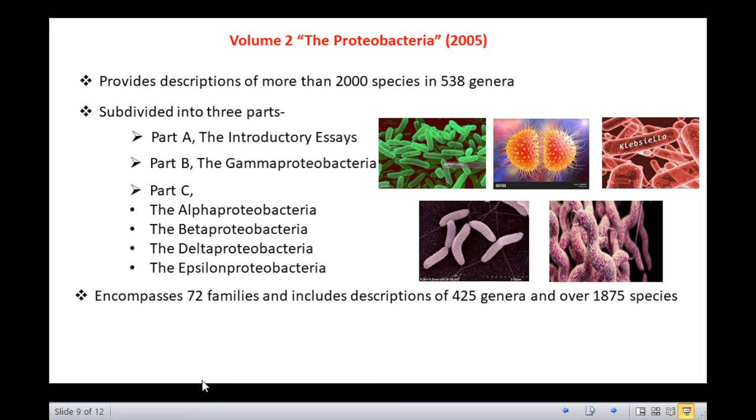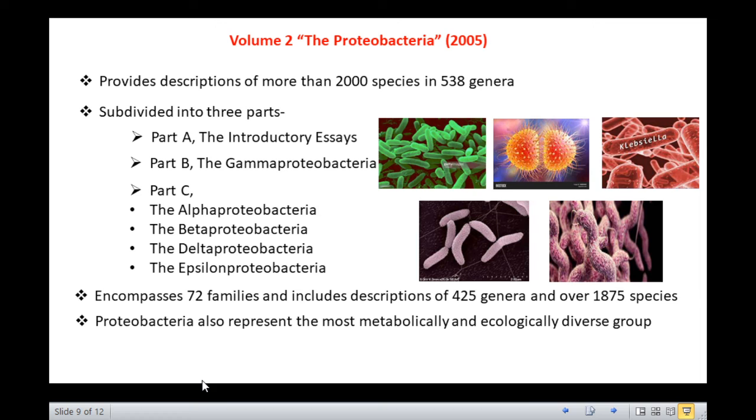The Proteobacteria also represent the most metabolically and ecologically diverse group of bacteria and contain many of the clinically relevant species that are of significance in human, animal, and plant health.